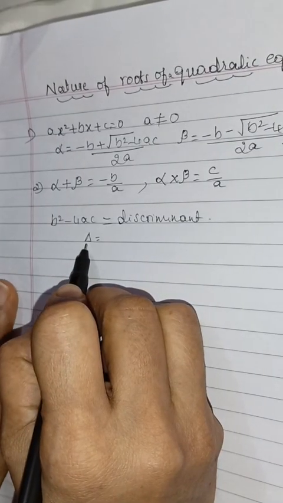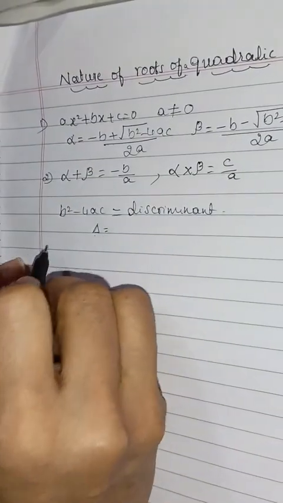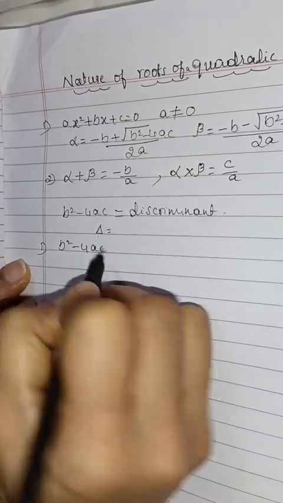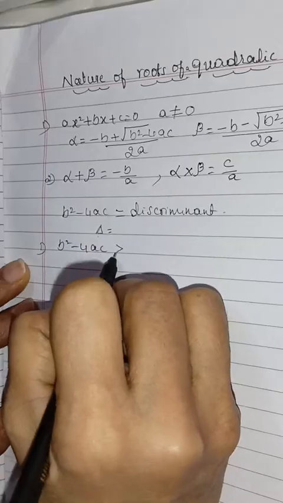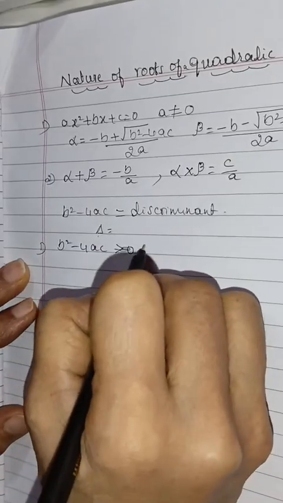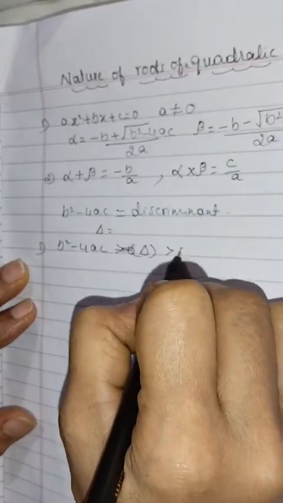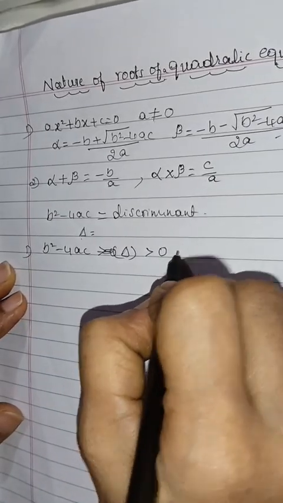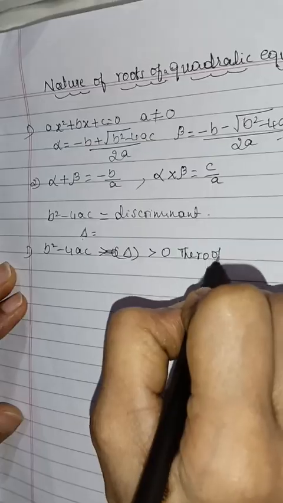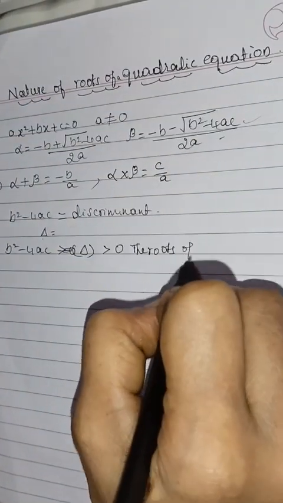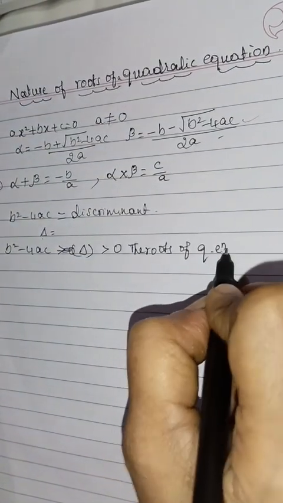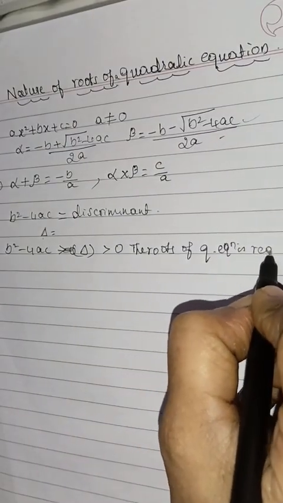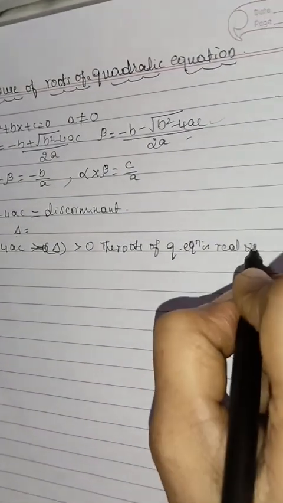Therefore, when b square minus 4ac is greater than 0, that is delta is greater than 0, then the roots of the quadratic equation are real and unequal.